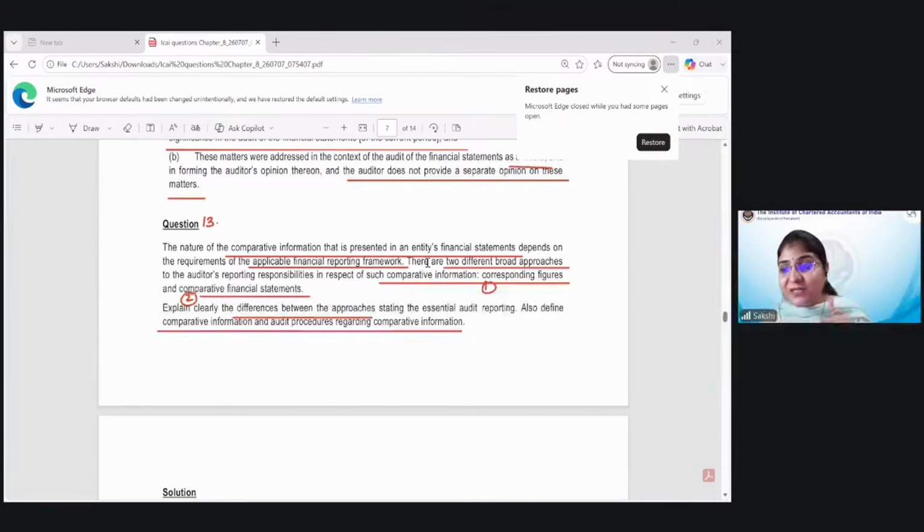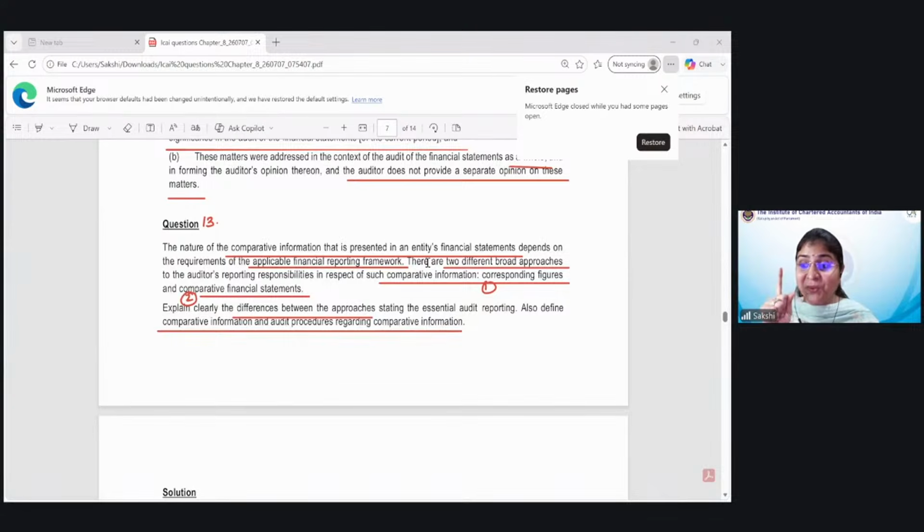So, what audit procedure does the auditor undertake? He has to evaluate whether the comparative information agrees with the amounts and other disclosures presented in the prior period. For example, earlier year it was 50,000. This year the expense could be 55, 60. If it is 1 lakh, there's something wrong. Number one.